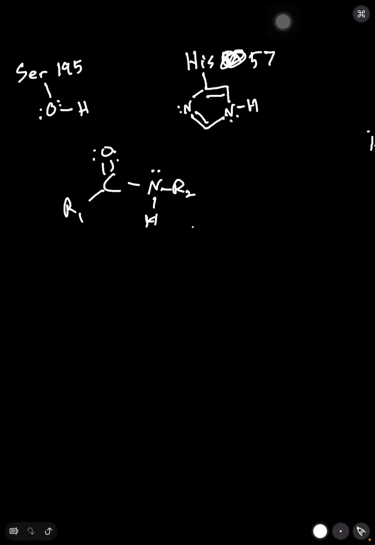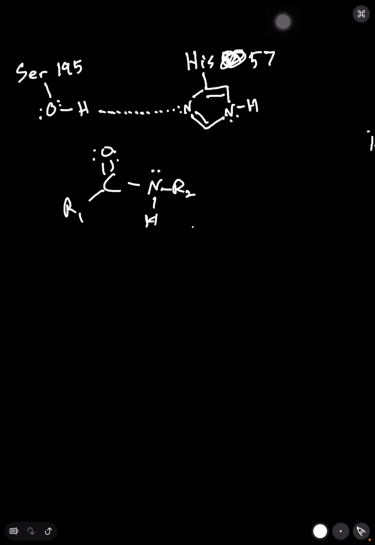All right, so the way these are arranged, this histidine is in pretty close proximity with your serine 195. Because of that, this nitrogen on this ring can start exerting a little bit of a pull on that hydrogen. It can start tugging it away from oxygen a little bit, and that's going to make this oxygen a little bit more nucleophilic.